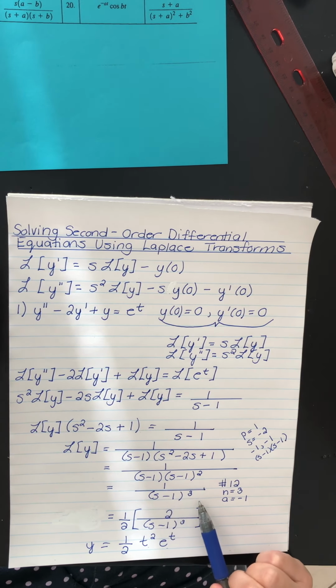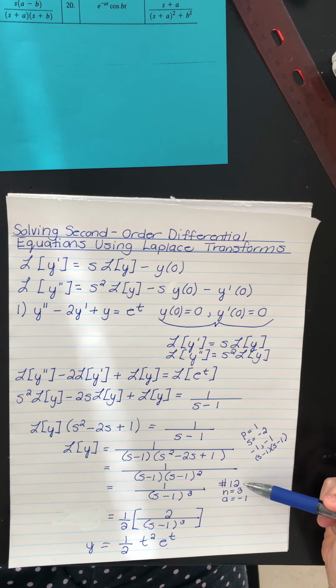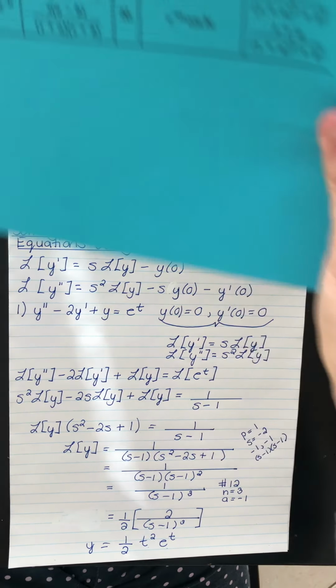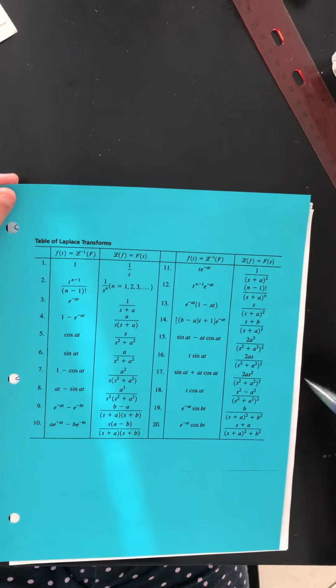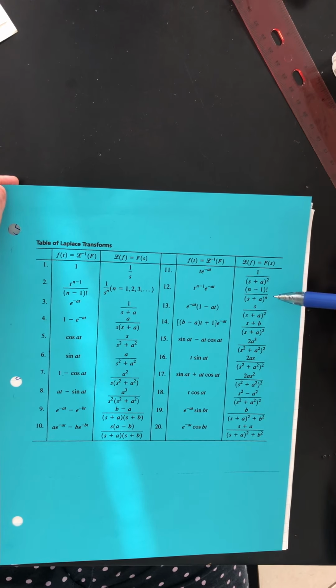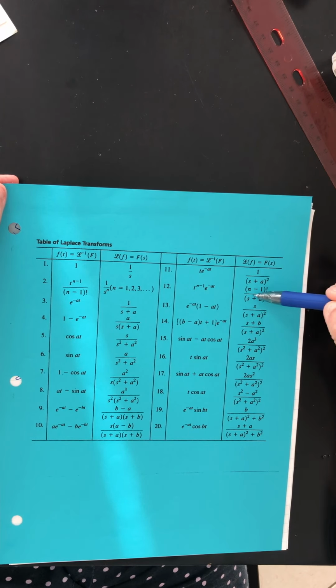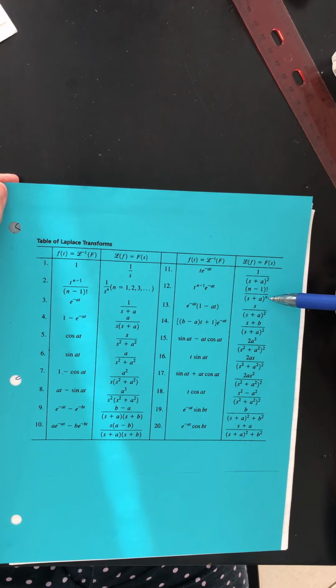Where do we find this in the table? Number 12. So let's take a look at number 12. So we have the cube of s minus 1, which means we have n equal to 3 and a equal to -1. If n is 3, the numerator should be 2 factorial, which of course is the same as 2.